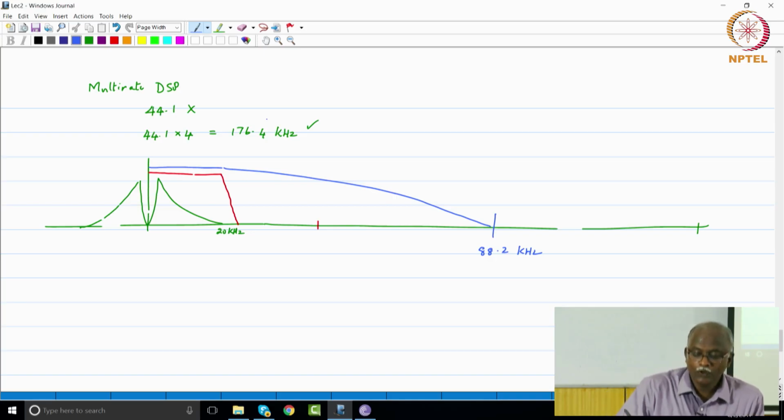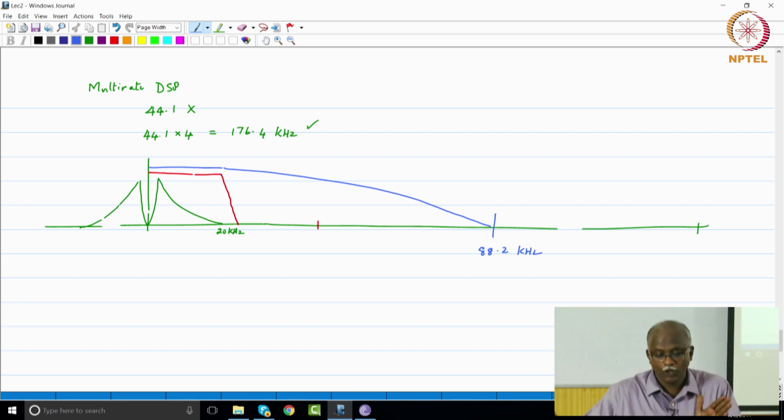Now, from here, you want to reduce your sampling rate. What does this analog filter do? It allows some other signals also to be present here, which is unwanted.